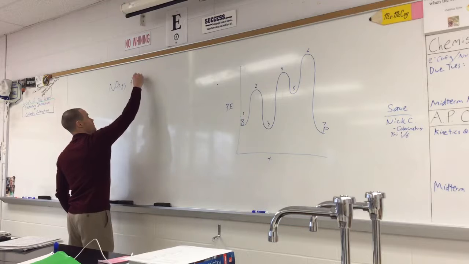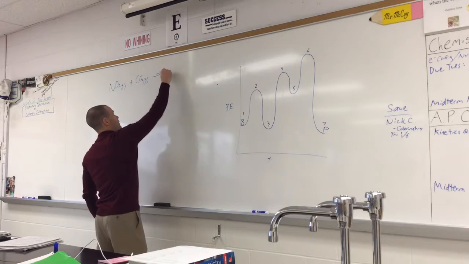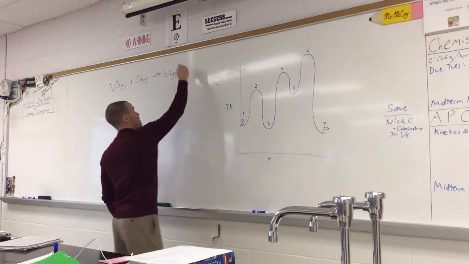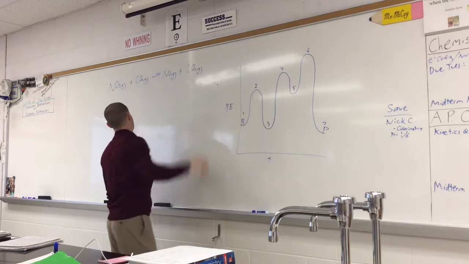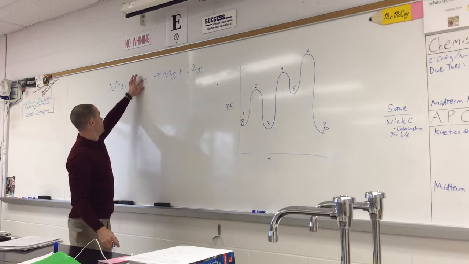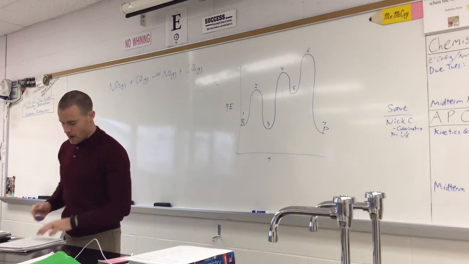NO2 gas plus CO2 gas yields NO gas plus CO2 gas. Wait, what? This is CO. Sorry, my fault. I was like, that doesn't make sense. That's CO gas. All right.